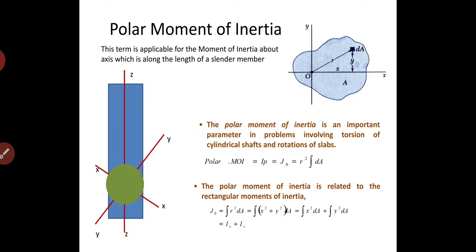So any member whose length is much larger than its cross section, we call it a pole. And the moment of inertia along the length of the structure we will call the polar moment of inertia. Refer to this figure.